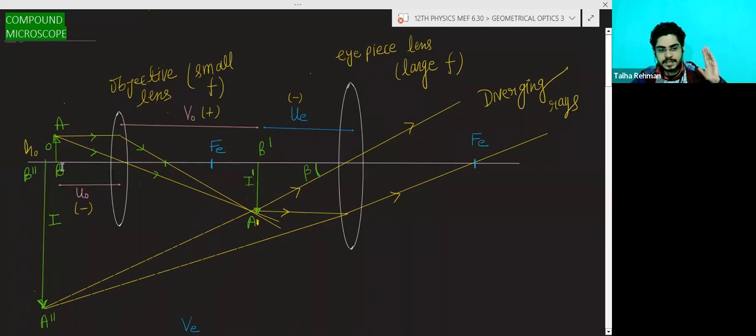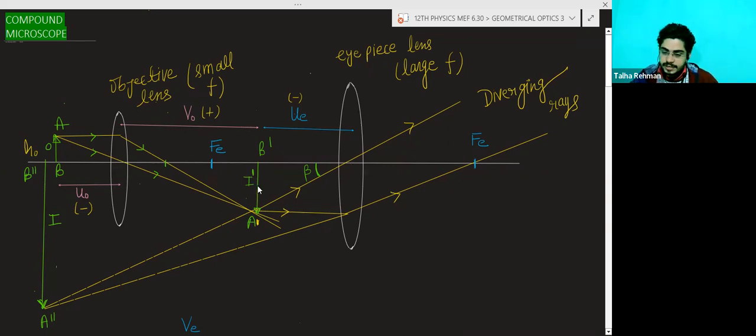First, the object is placed in front of the objective lens, and that objective lens produces a real and inverted image of that object. This is the image now. That image works as the object for the eyepiece lens. This point should be noted.